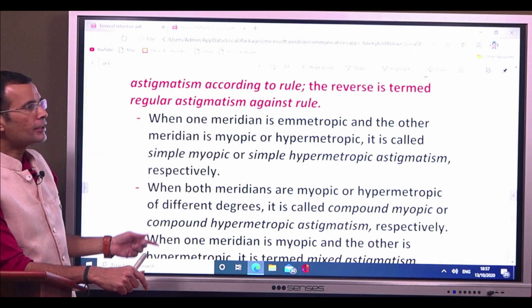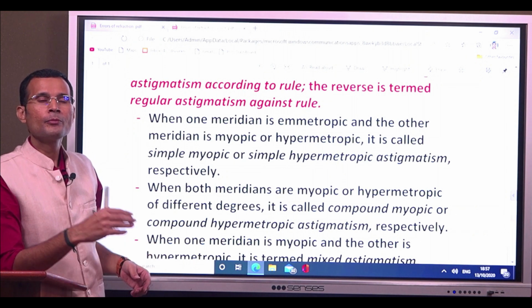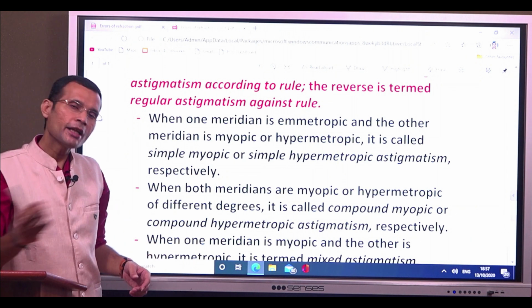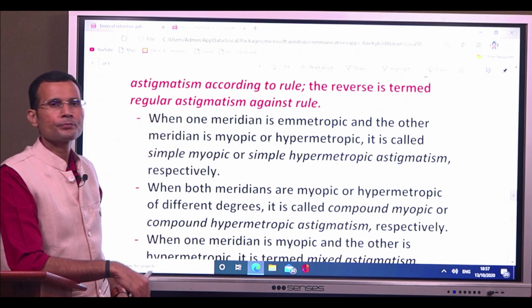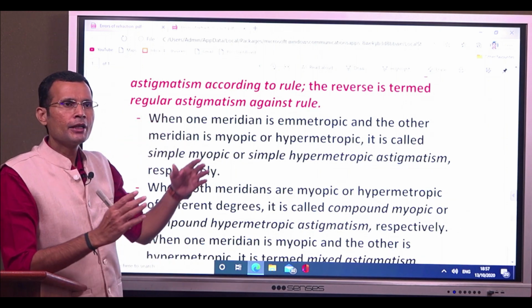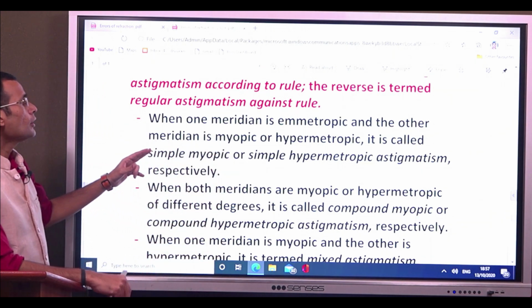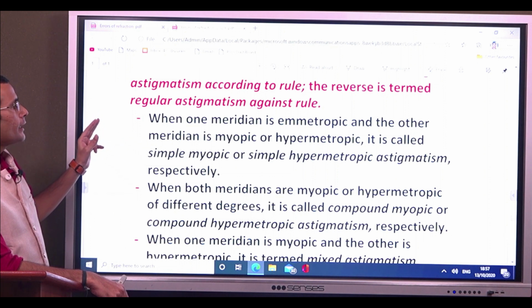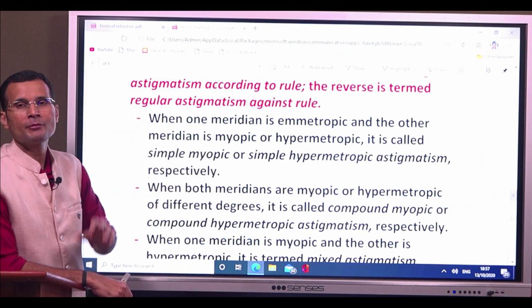But the other meridian is either myopic or hypermetropic, means that light ray bending will happen either in front of the retina or behind the retina. We have seen those two light rays which are having different refraction. So it's called simple myopic or simple hypermetropic astigmatism.